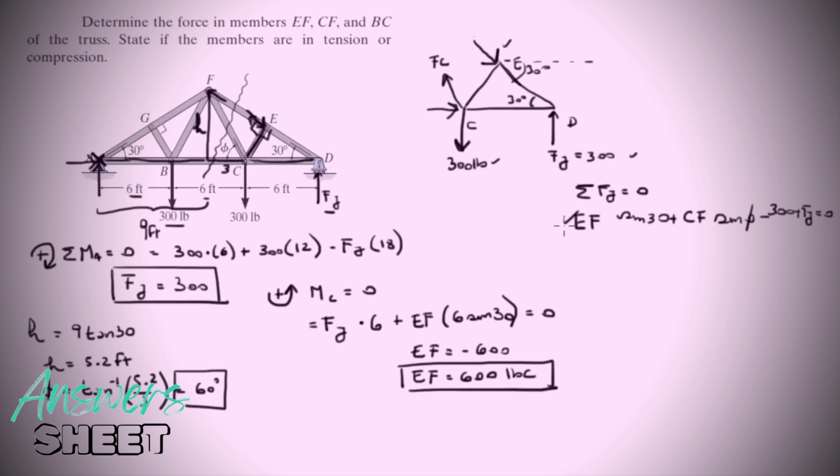Actually, it's minus EF sine of 30, because we corrected it, it's going down. When you solve for CF, you get that CF is equal to 346.4 pounds, and it was going the right way. So if it was going this way and this was going that way, it means that it's in tension.